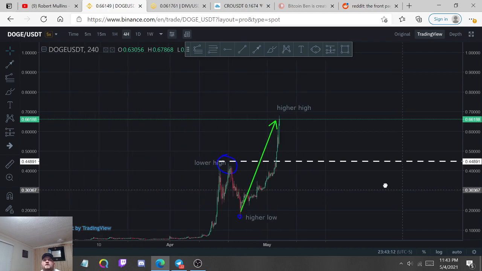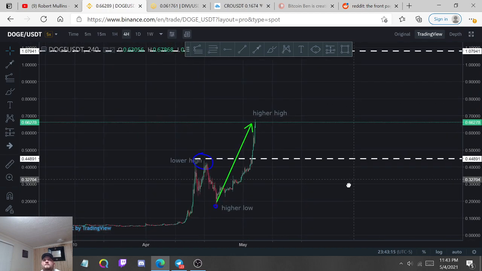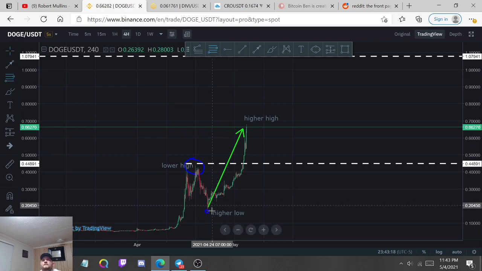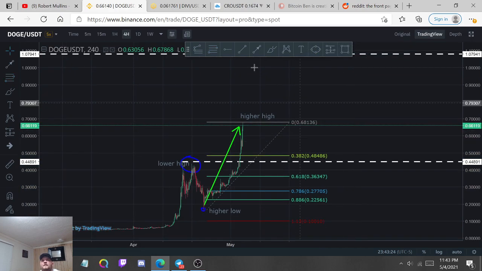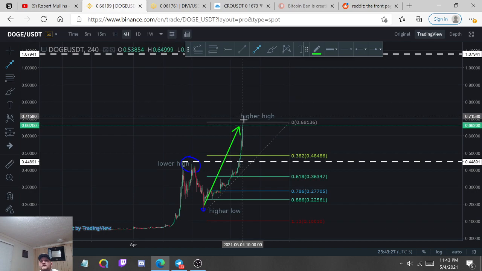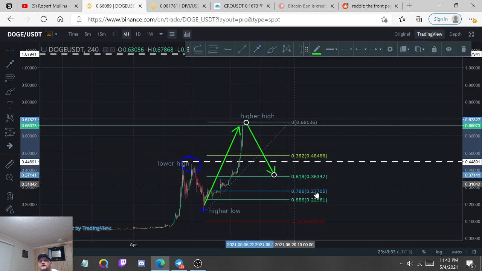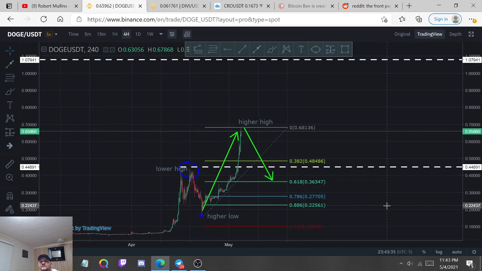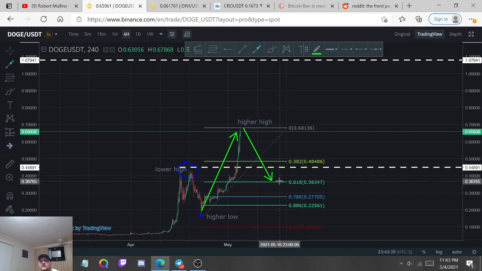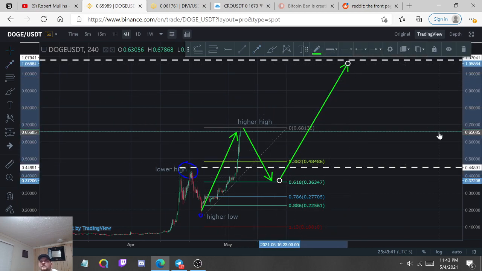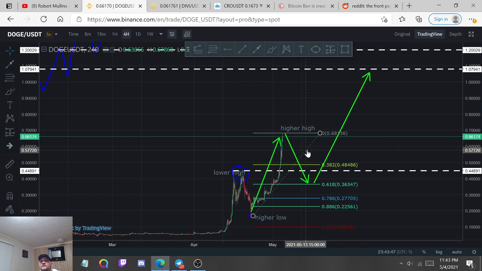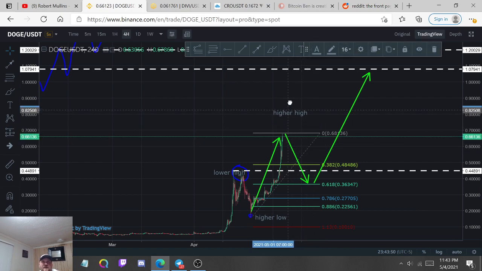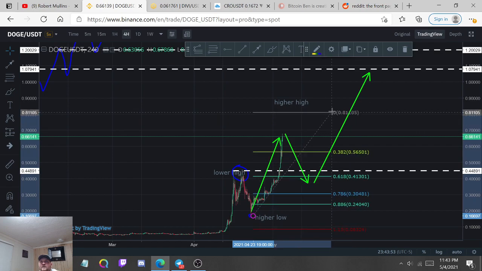What I'm looking for here, I'm thinking if we go here to 36 cents, we could look for a move higher. Now, if it puts in a higher high up here, I would just be waiting.